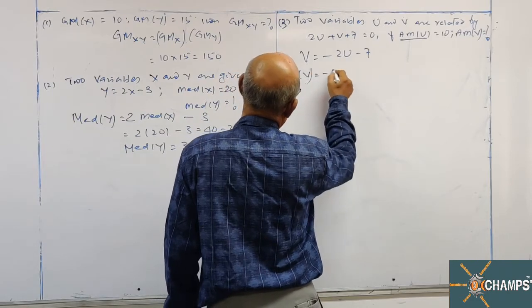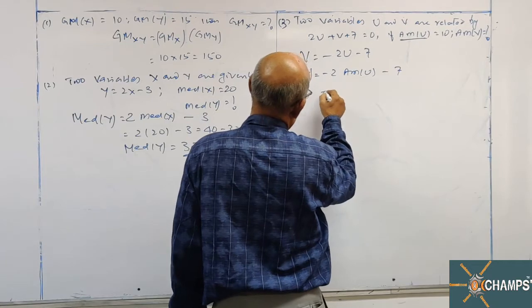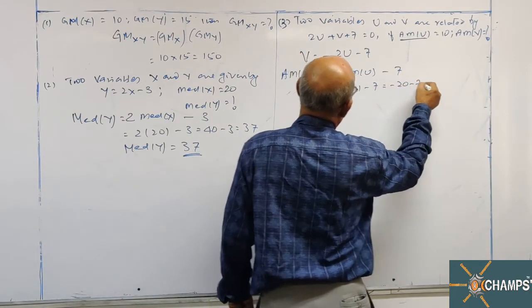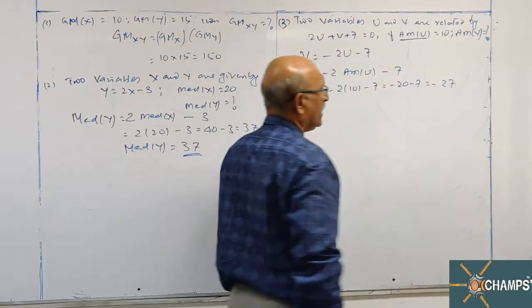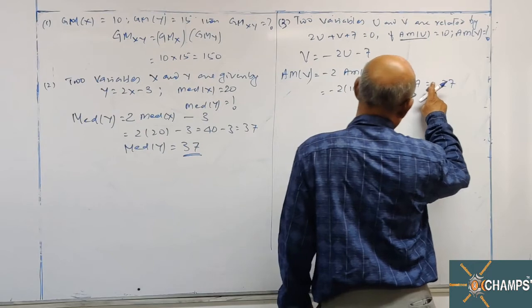Arithmetic mean of v is equal to minus 2 into arithmetic mean of u minus 7. Minus 2 into 10 minus 7, this is minus 27.